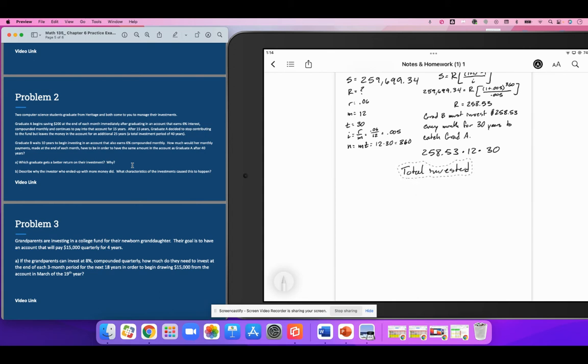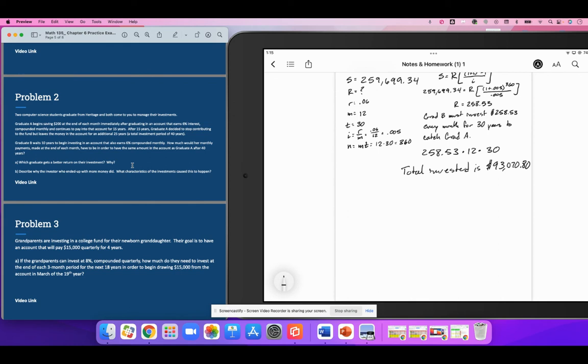And so I get 258.53 times 12 times 30 years. This person has to invest $93,070.80. So total invested is $93,070.80.